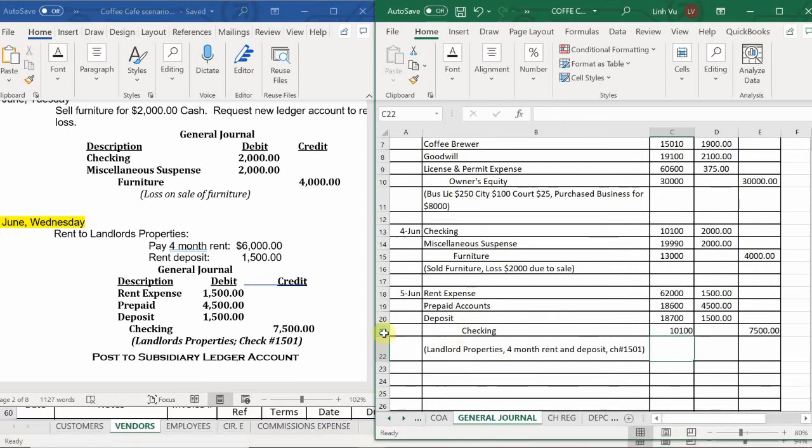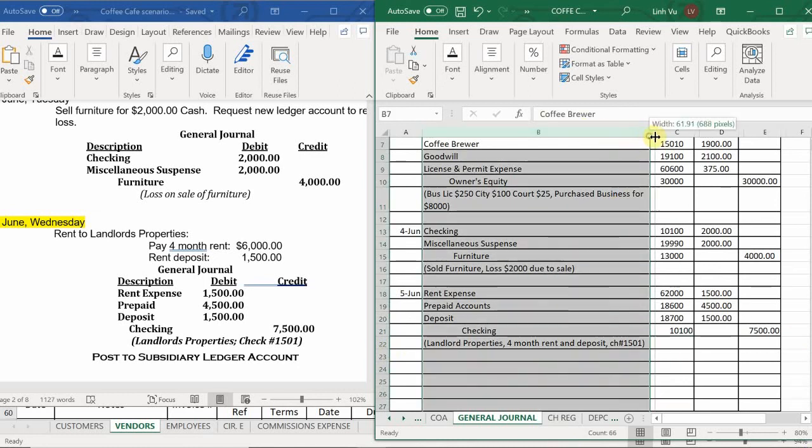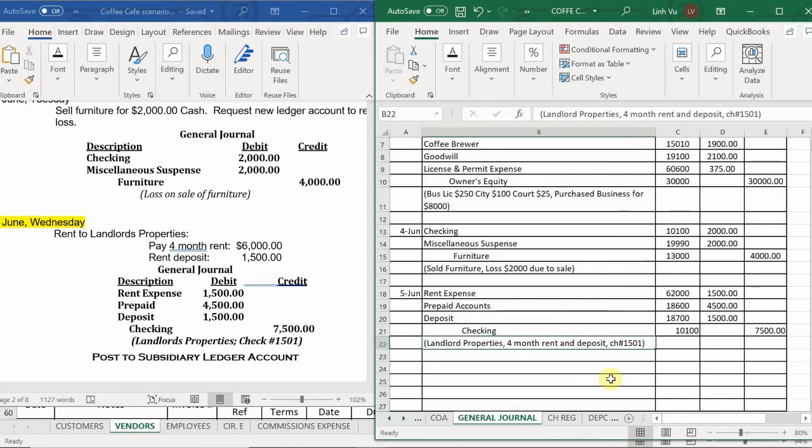Now all of our information looks good. Okay. I guess I can expand this part. Okay. There you go. If you like your cells to look uniform, you can change it however, stretch it, expand it, however you like. Okay. So there you go. Now my first check has been written.